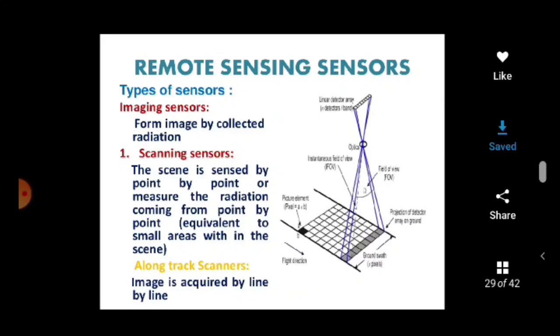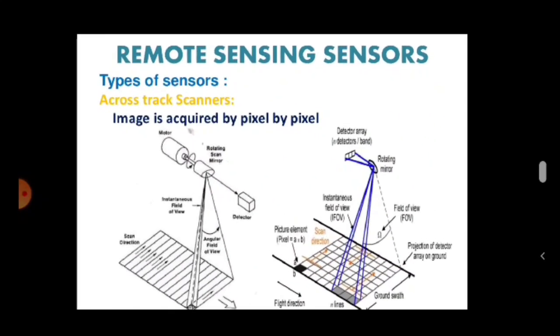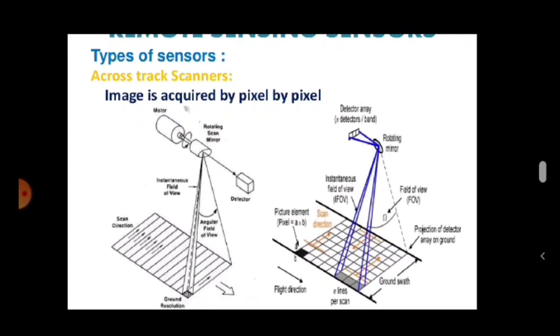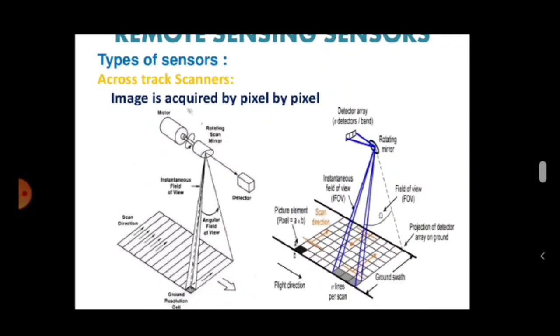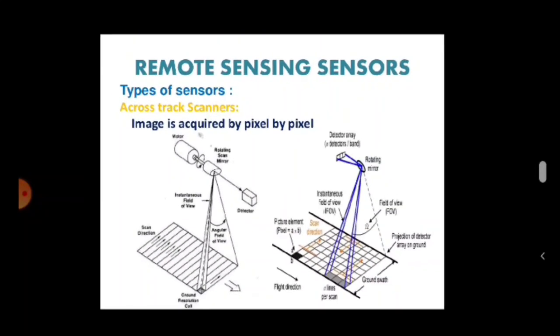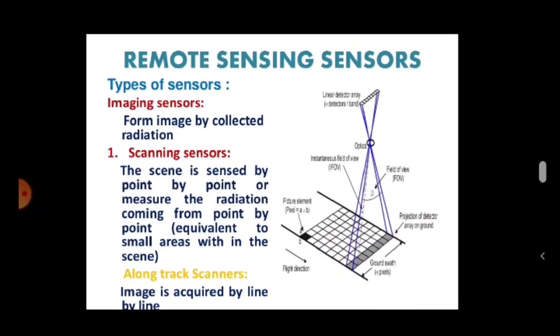And when we come to cross-track scanners, which is also called whisk broom, as you see, the image is acquired pixel by pixel, line by line.